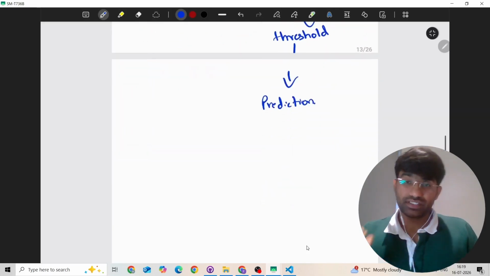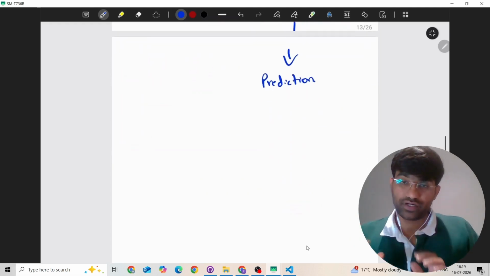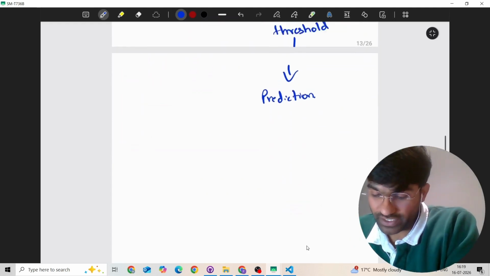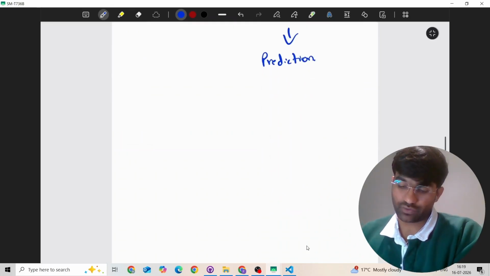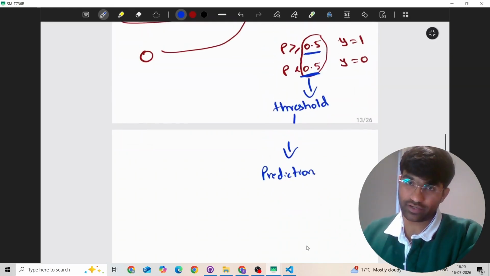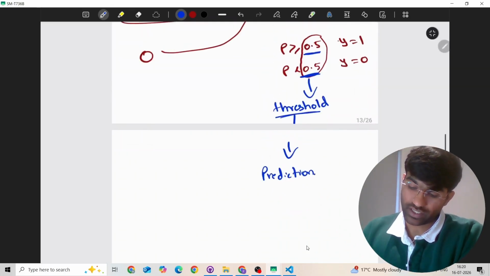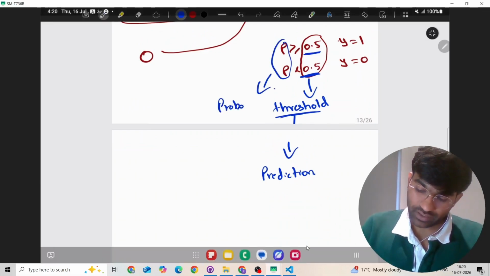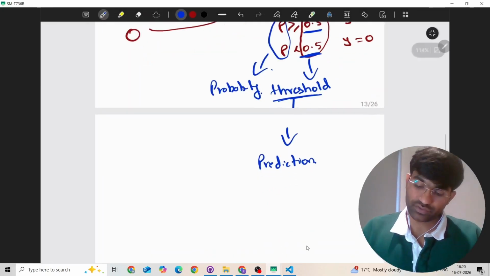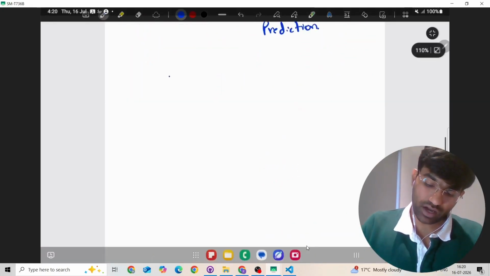So for different thresholds there will be different predictions, right? Using the threshold and the probability concept, we will plot the ROC curve.